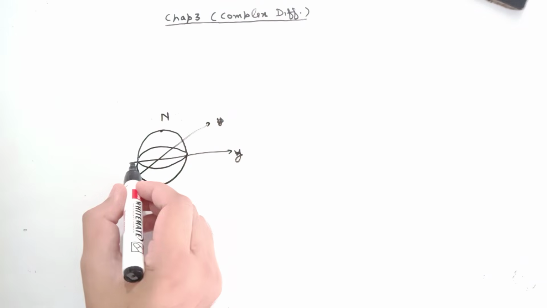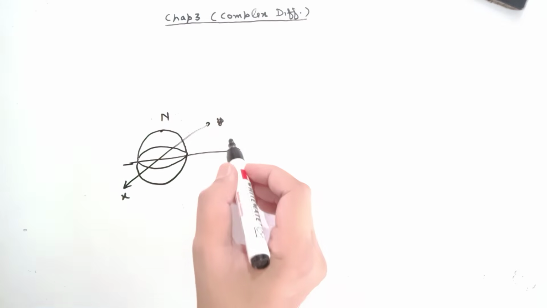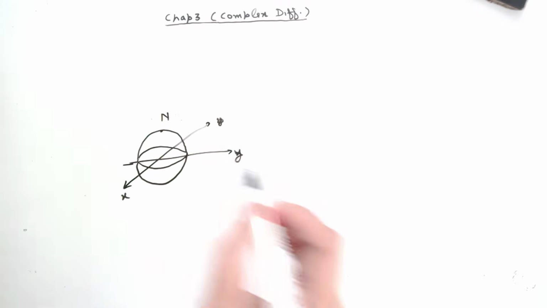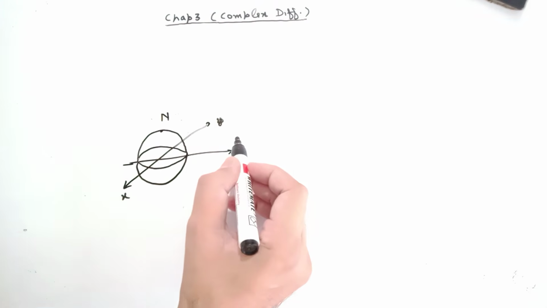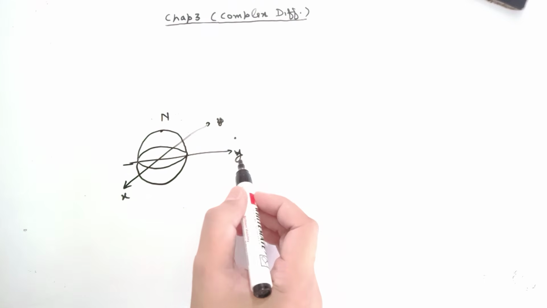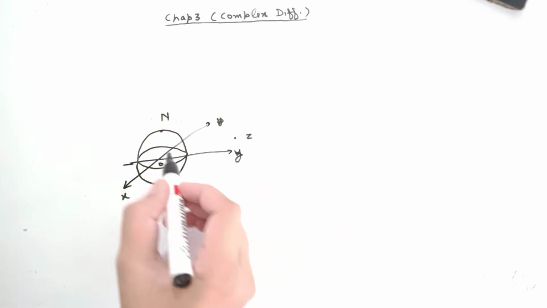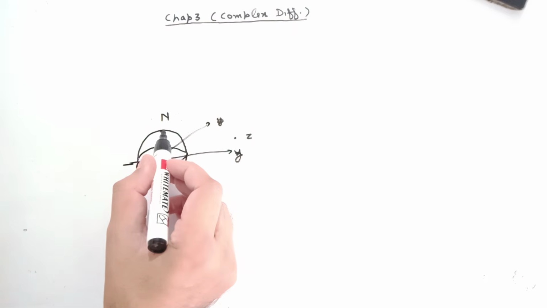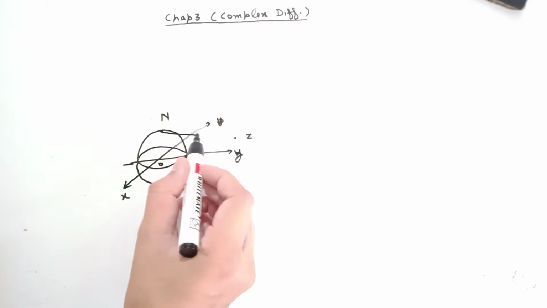Now we can make a one-to-one correspondence of the points in the xy plane with the points on the sphere. See how? Say some point z is here in the xy plane, in the z plane. So draw a line from the north pole of the sphere to this point.